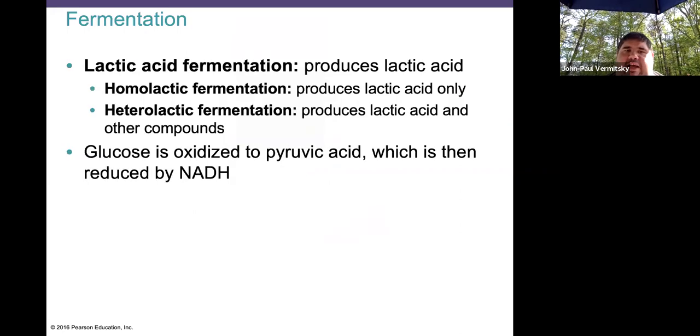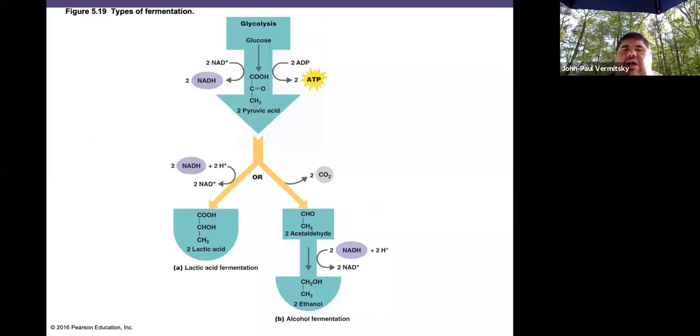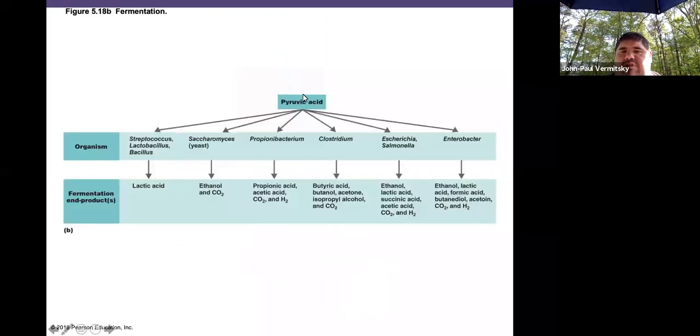So you can either make acids or you can make alcohol, and what I want to do is show you this little diagram. We went through glycolysis, we have pyruvic acid, and you can see we can make different acid products: lactic acid, propionic acid, butyric acid, and then we can make different types of alcohol such as ethanol and butanol. There are many different types of acids and alcohols that can be produced, and this is by no means a complete list.